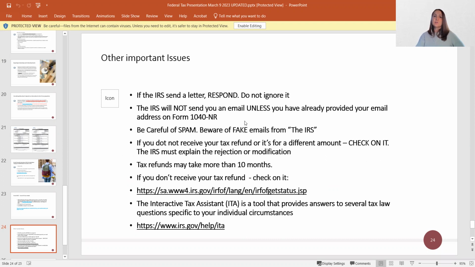Also, the IRS will not send you email unless you already filed your tax return in prior years and indicated that you want to be communicated with by email. There is a lot of spam and fake email from the IRS targeting non-residents.